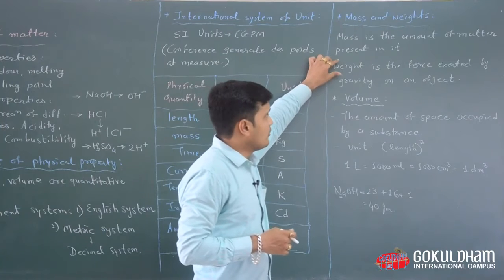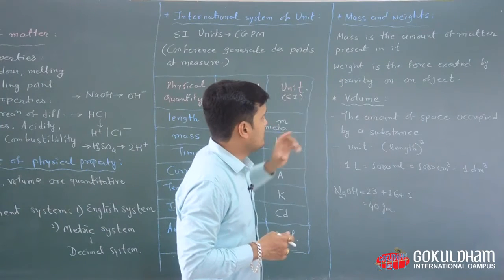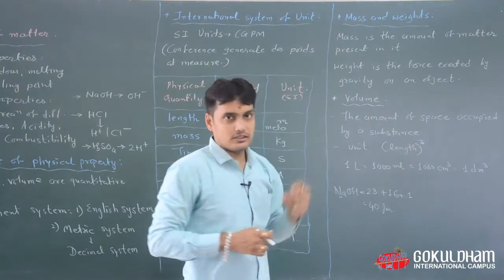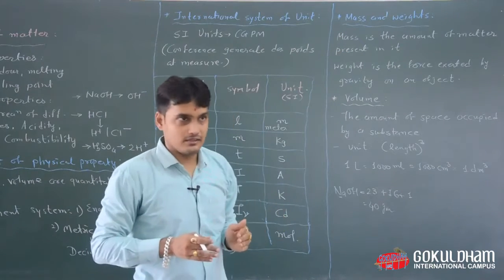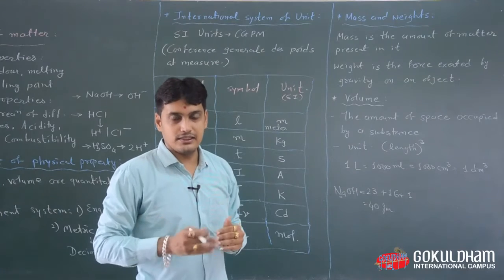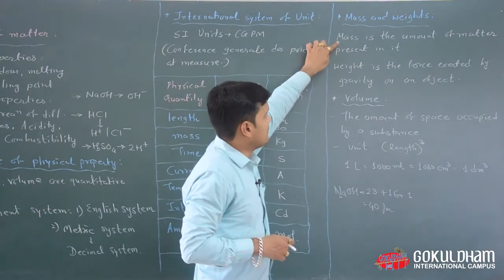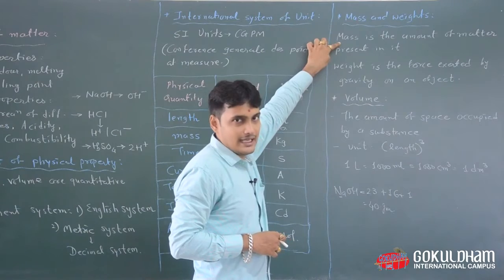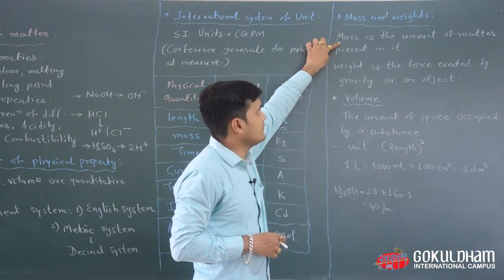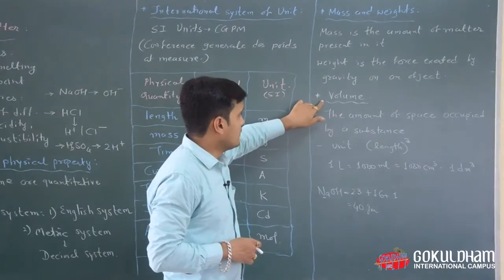But weight is the force exerted by gravity on any object. Means the mass is constant at every place, but the weight is different at different places according to the gravity. This mass is denoted by m, and the SI unit for mass is taken as kilogram, kg.